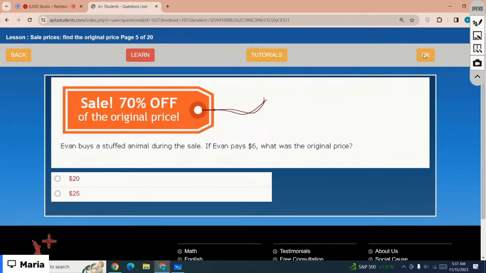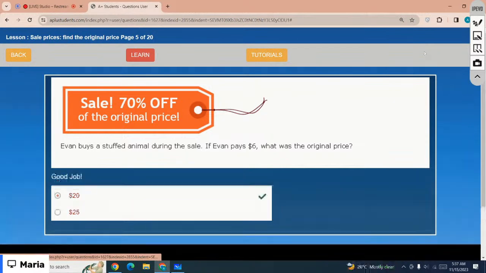That is what the original price is, $20. The correct option is $20. Very good.